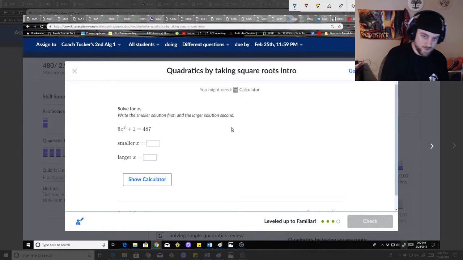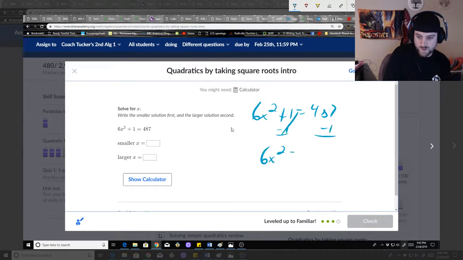Again, we're solving for x. We're solving for 0, but the y is already gone, so we just literally solve for x here. So 6x squared plus 1 equals 487. Minus 1, minus 1. Those cancel. 6x squared equals 486. Divide by 6, divide by 6.